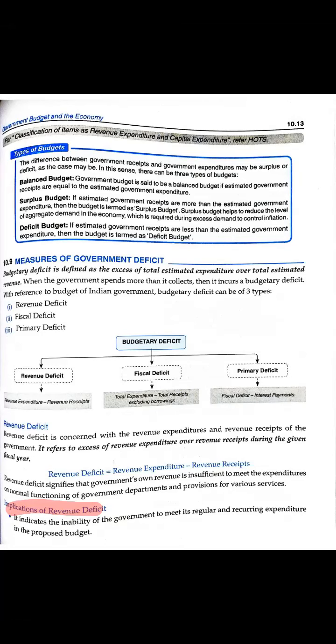The budget we have framed and discussed in front of the president, which the government is trying to follow, shows that when revenue is deficient, our government failed to meet the regular expenditures. So that is the first implication.